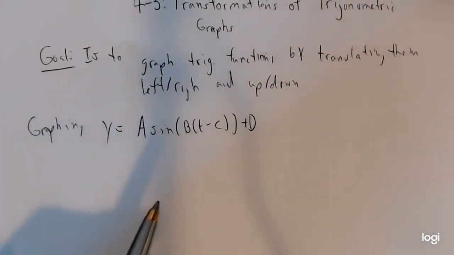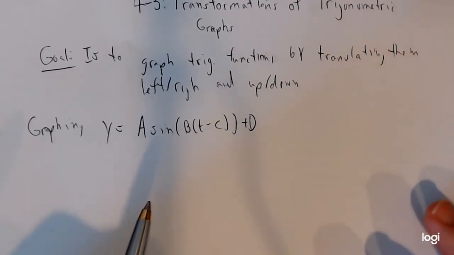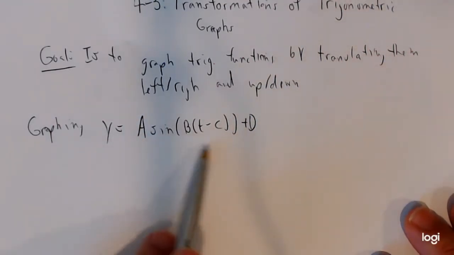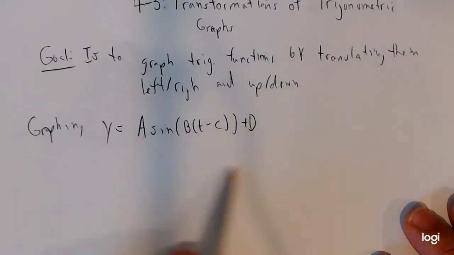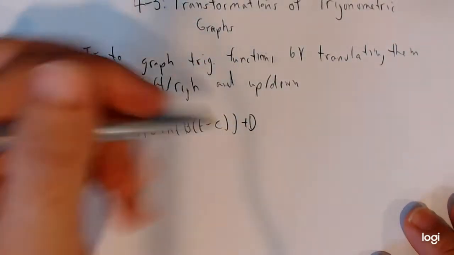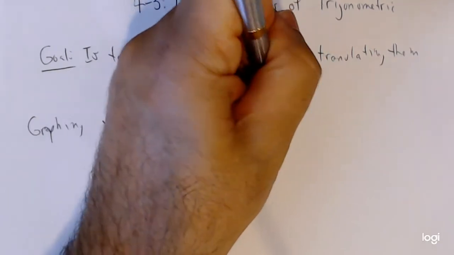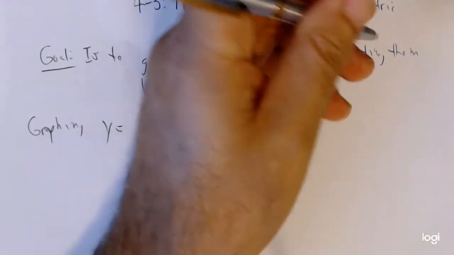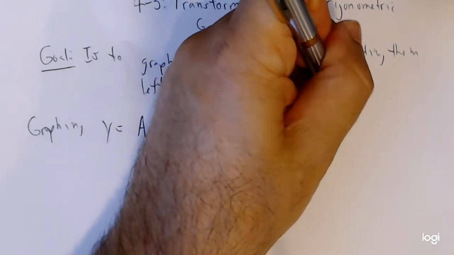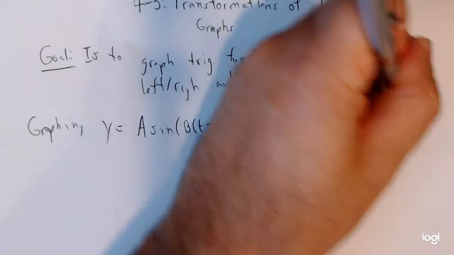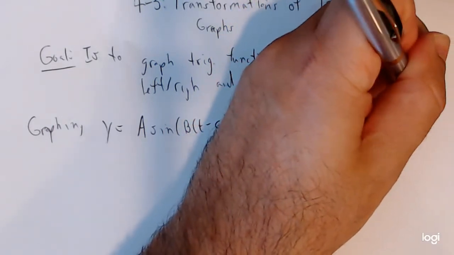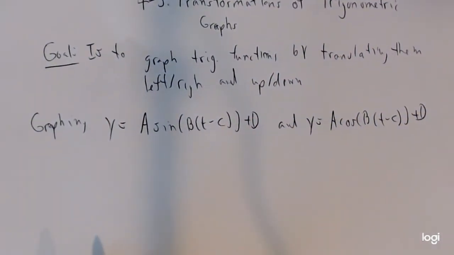Keep that in mind, because that's going to be an important part of what we're going to be doing. And of course we also care about y equals a cosine of b times (t minus c) plus d.